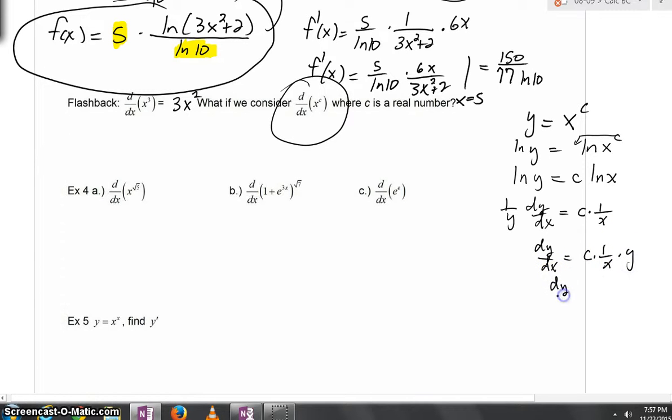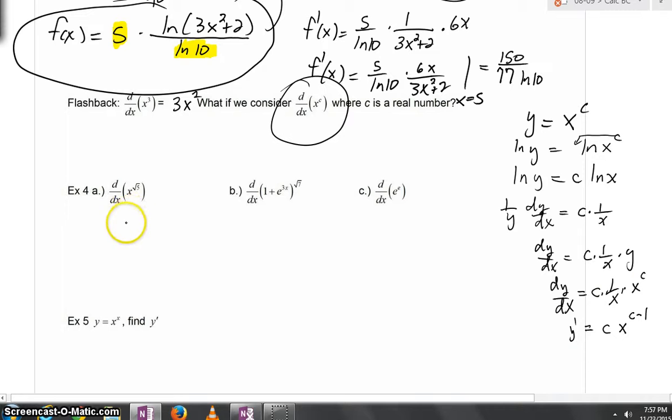But again, y is actually, as we look at the very top of this proof, x to the c power. And now we can use an exponent property. If we had x to the c all over x to the 1, we could subtract those powers, and we'd wind up with c times x to the c minus 1. That's what our derivative would be.